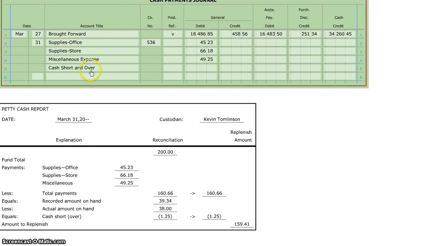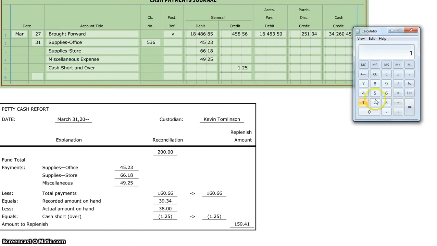The over part, see this is on the far right hand side, that represents the credit part, and we'll just put down $1.25. Now we don't need to put a negative number right here because by crediting, remember opposites subtract, it'll just subtract it by $1.25. So when we add all of these up right here, we should get 160.66.